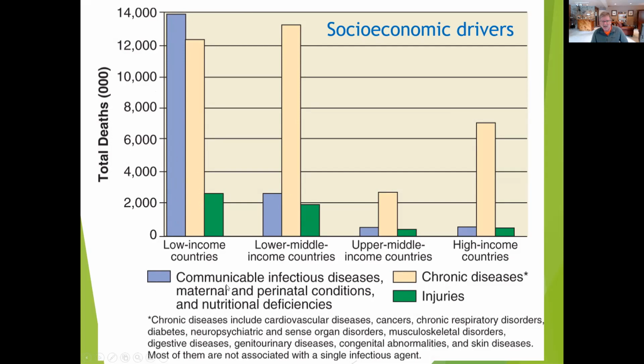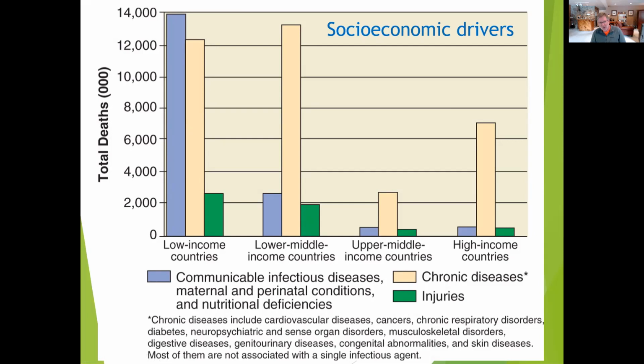Why is that? Well, it boils down to healthcare systems in place to treat the population, right? We don't have many doctors per 100,000 people in certain countries. And so they don't get checked every time they get sick, or they don't have the means to treat the individual if they get sick. So there's higher deaths.